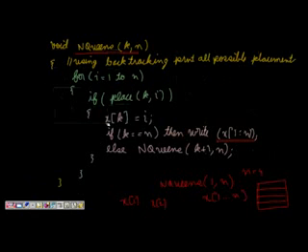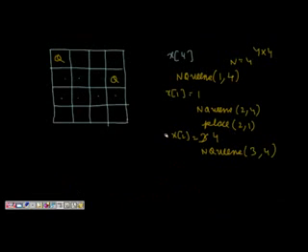Now I again call NQueens 3 comma 4, but it will start afresh. Here I cannot place, but I can place here. So x of 3 will become 2.